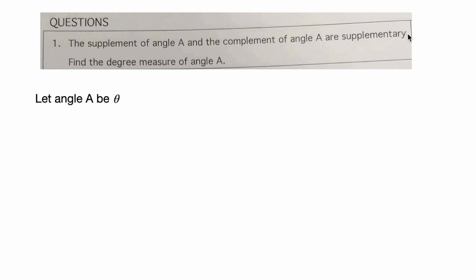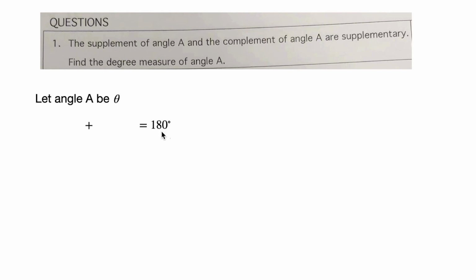Supplement and supplementary mean two angles add up to 180 degrees, while complement means that they add up to 90 degrees. So overall, we know that this and this are supplementary, so the two things are going to add up to 180 degrees.